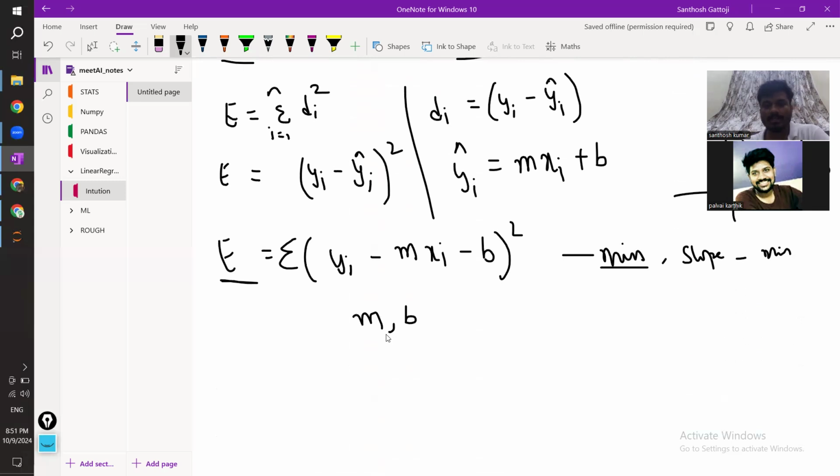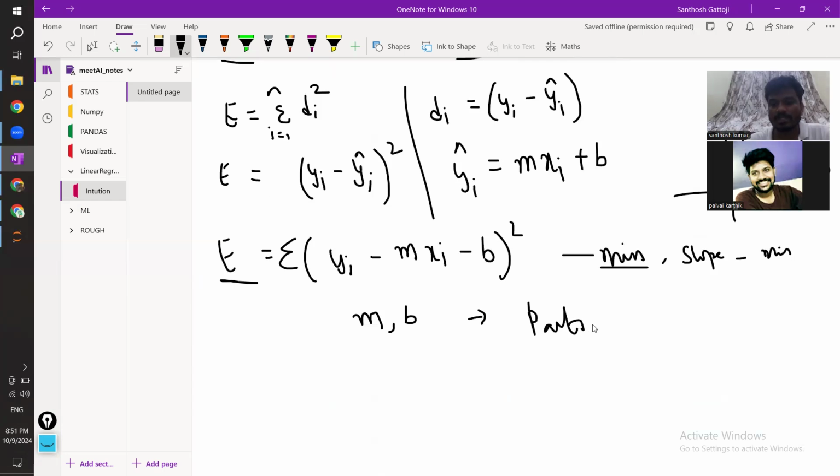If it were dependent only on m, we would just directly do differentiation with respect to m, equate to 0, and get the value. Same thing if it were dependent only on b. But now here it is dependent on two things, m and b. Here you need to do something called partial derivative.